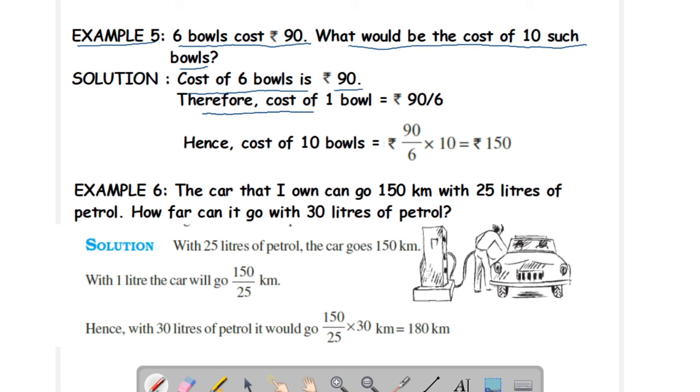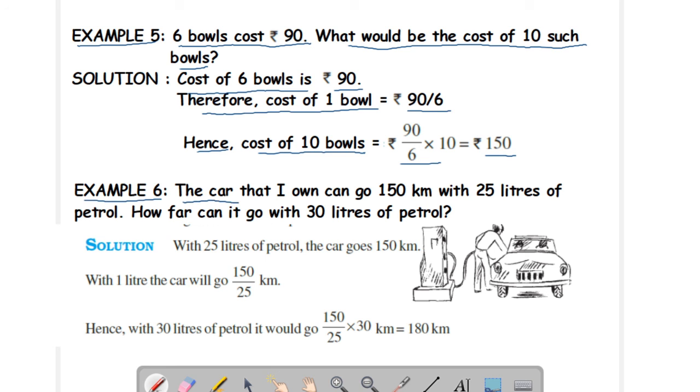Therefore, the cost of one bowl is rupees 90 divided by 6, that is 90 upon 6. Hence, the cost of 10 bowls will be rupees 90 upon 6 into 10. And if you simplify this, you will get 150. This is your answer.